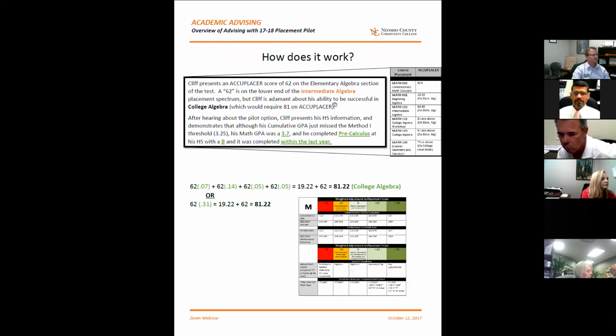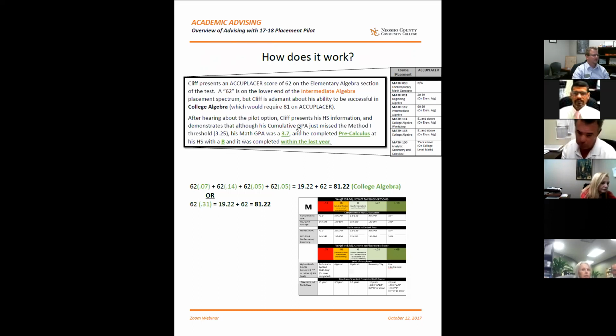So let's evaluate Cliff based on his recent performance. He's pretty adamant that he wants to be evaluated under the pilot method. What we do then is take that 62 and put it through the placement rubric you see here. Math is almost identical to the English and reading. It does have an extra category I'll talk about in a second.